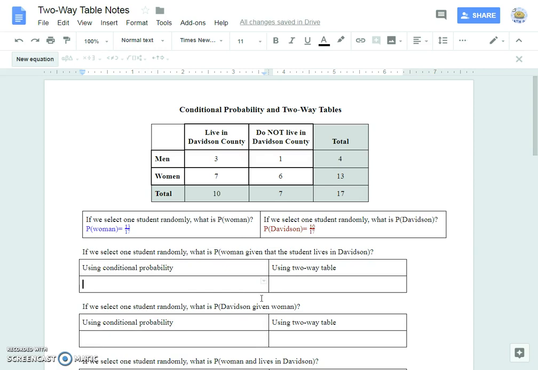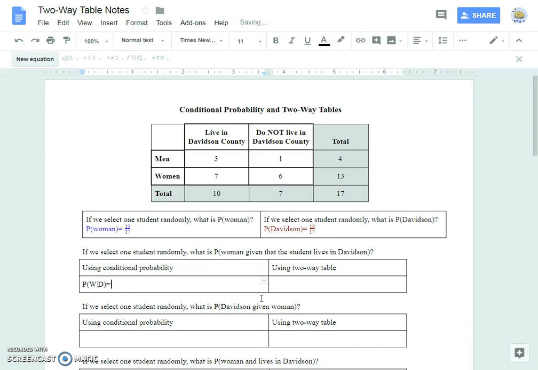We can denote this as the probability that they're a woman given, and to use that given notation, it is just above the enter key on the keyboard, and to activate it, I'm pressing Shift and hitting that button. It's just a vertical bar there. So woman given that they live in Davidson County.